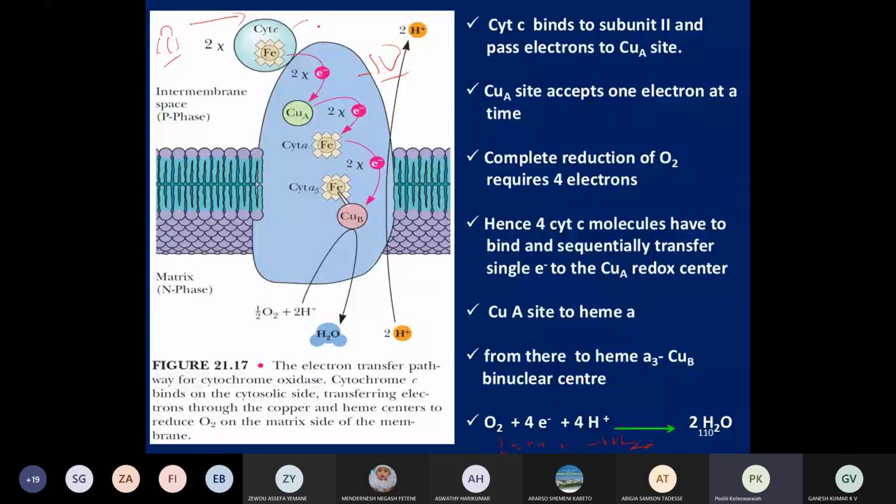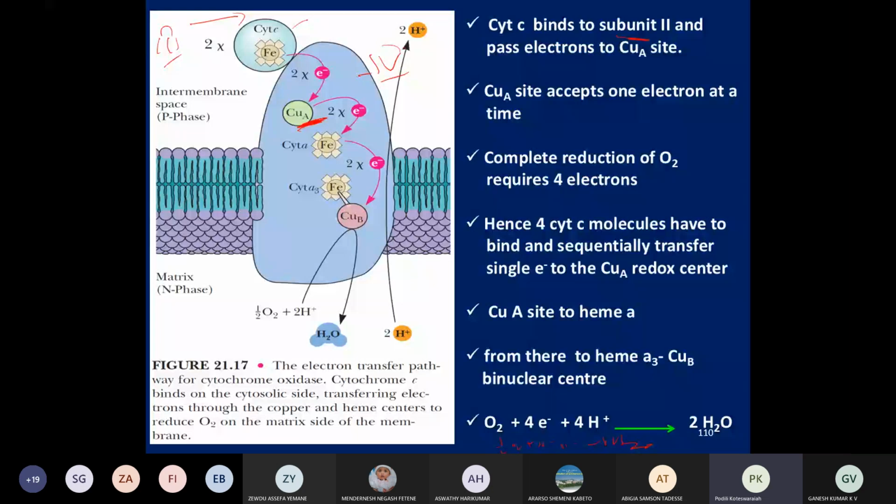Initially cytochrome C binds to subunit 2 and passes these electrons to the copper A site. This copper A site can accept 1 electron at a time. As I already said, ubiquinone, cytochrome C, copper, and hemes can accept 1 electron at a time and also release 1 electron at a time.